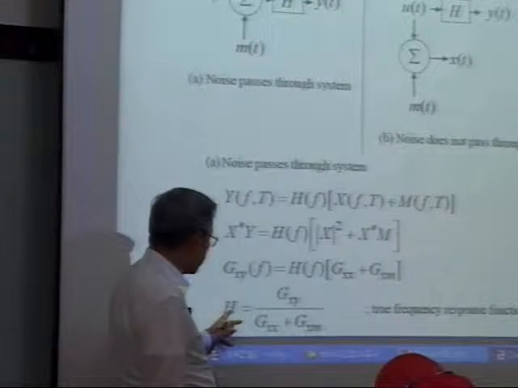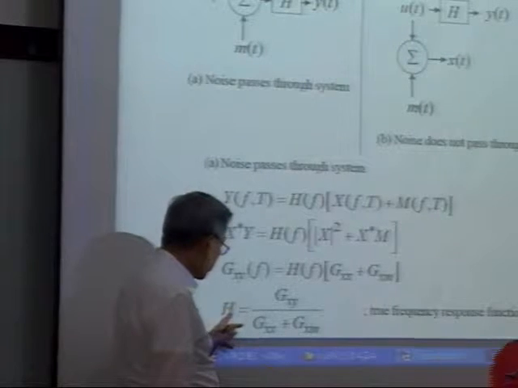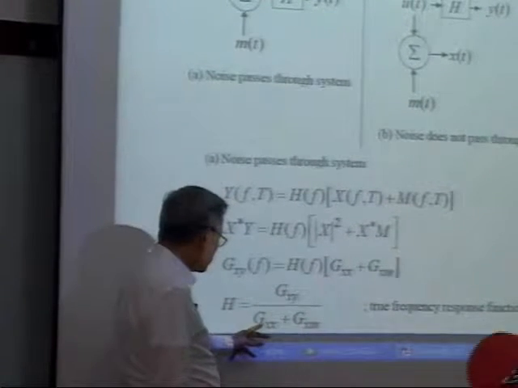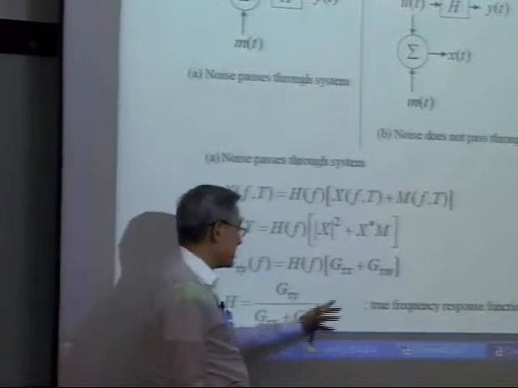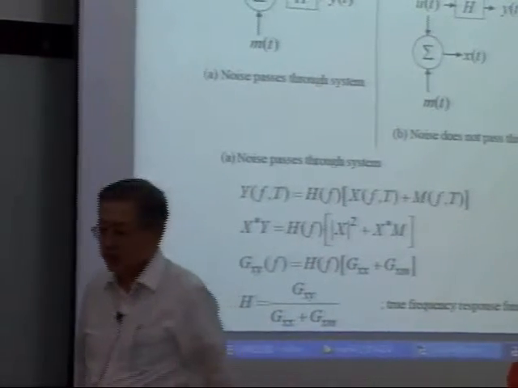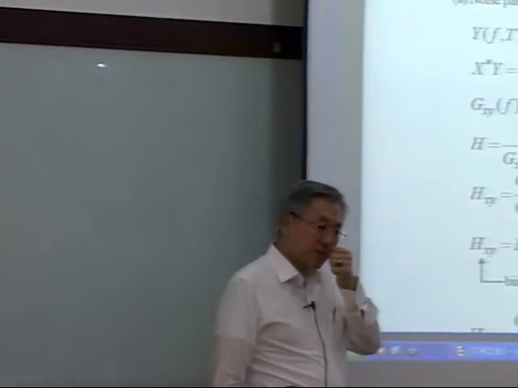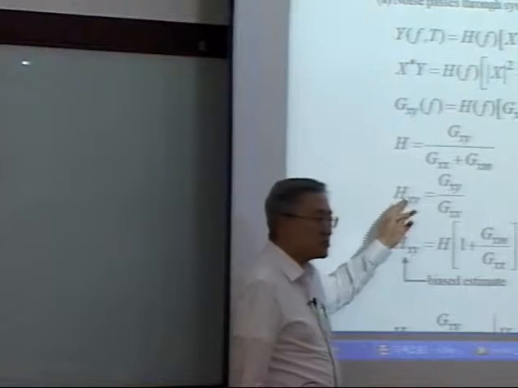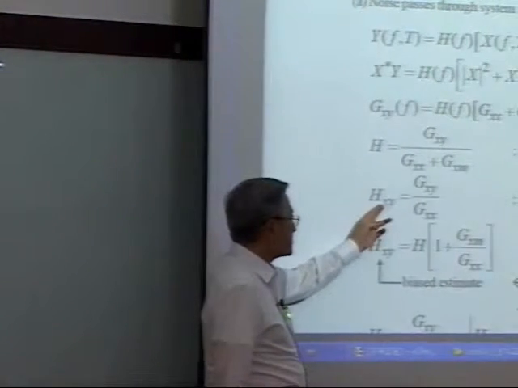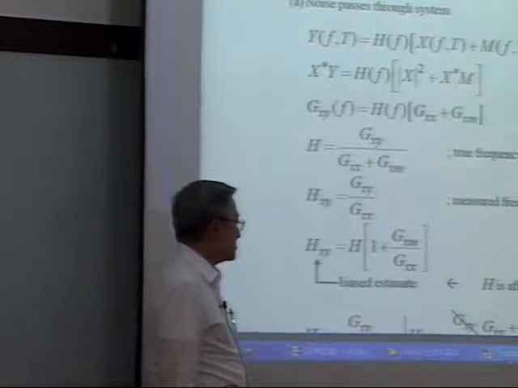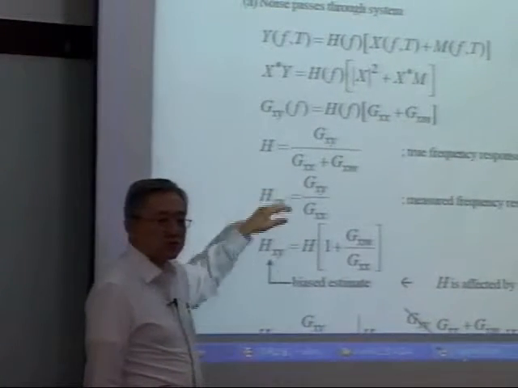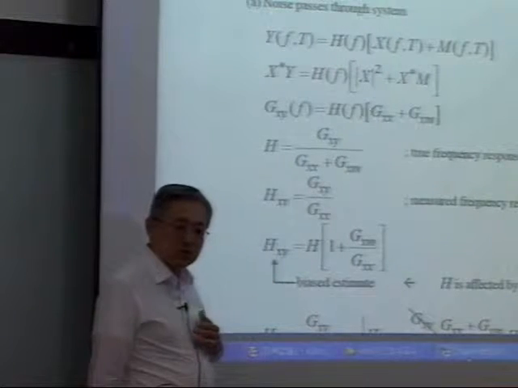So the system frequency response, or transfer function, H is GXY over GXX plus GXM. This is the true frequency response function, not the measured response function. The measured response function is HXY. So X you can tap in, Y you can tap in, then you can compute HXY. This is the measured frequency response, GXY over GXX. Then you can just divide these two equations.